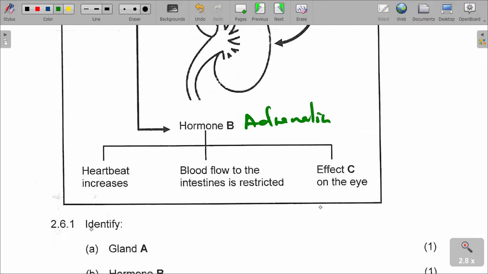It actually has to do with the opening of the eyes during an emergency situation. When a person is frightened, what happens to the eye? What we need to understand is that during the fight and flight response, it is the dilatation of the pupil.